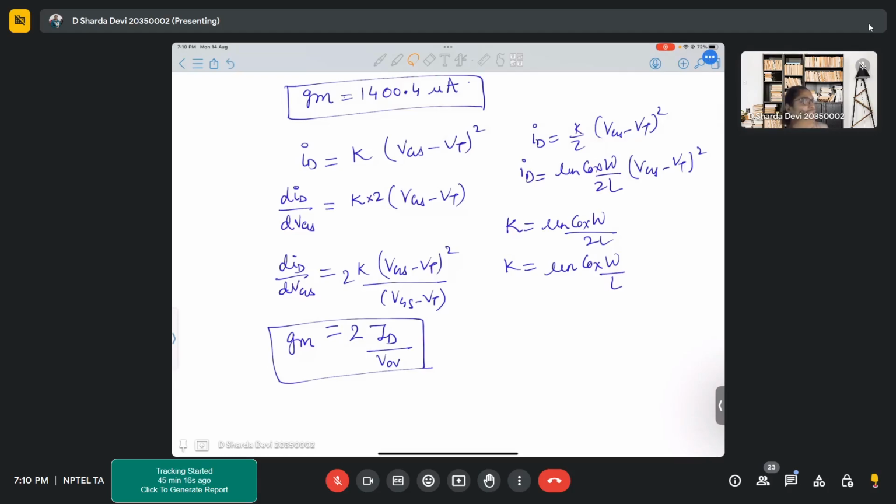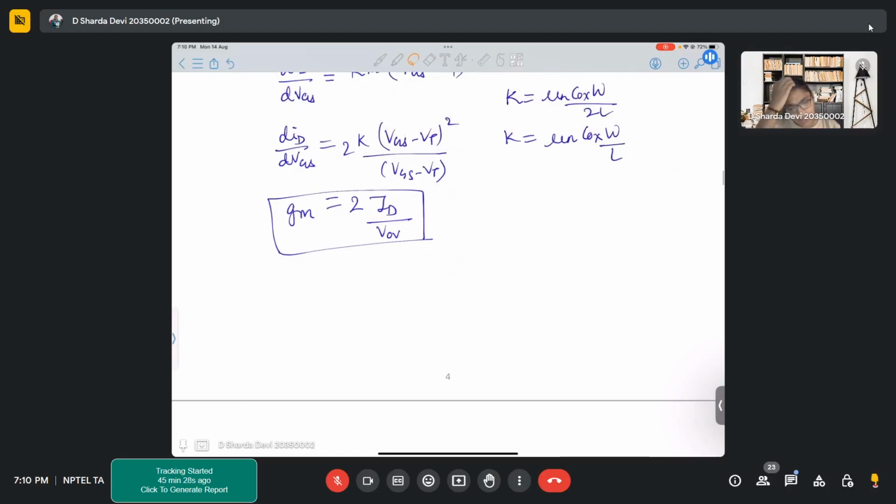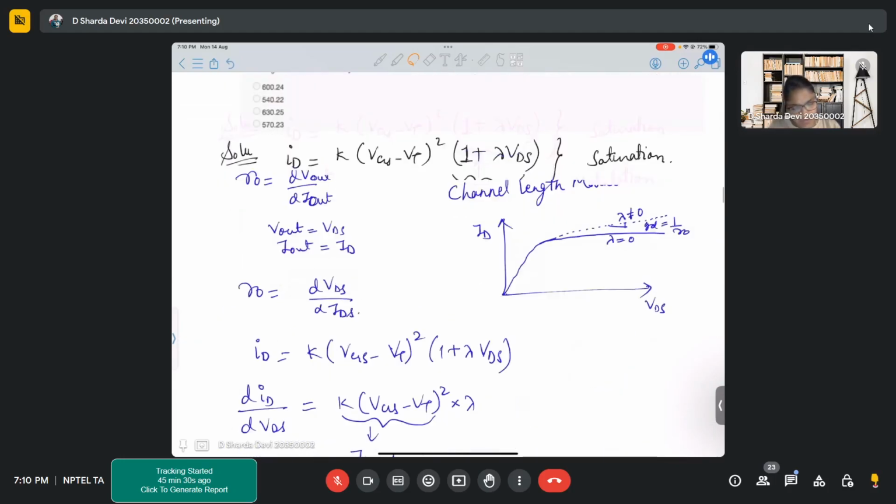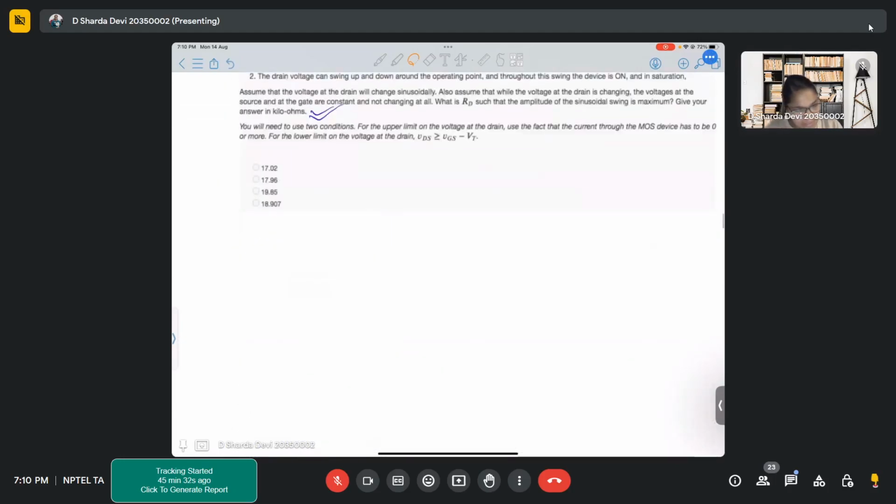The circuit is not mentioned, but anyways, we can consider the same circuit or any circuit in general. So what it says is, let's say if this is your transistor, this is your drain node. Here you have your gate.